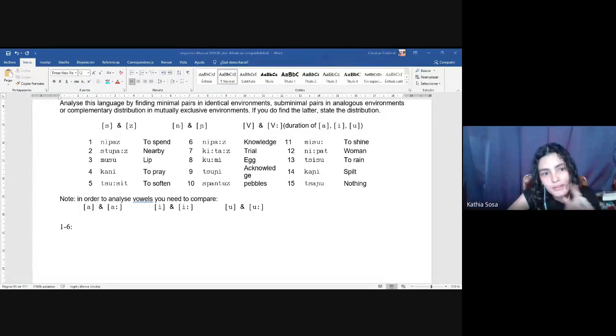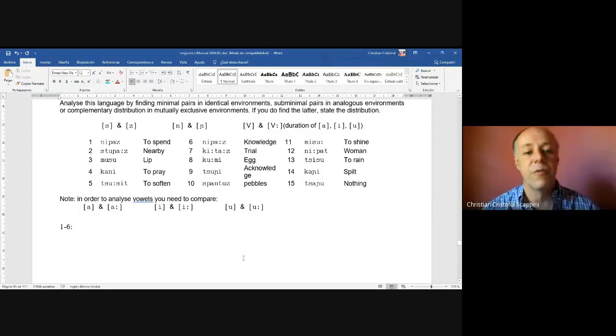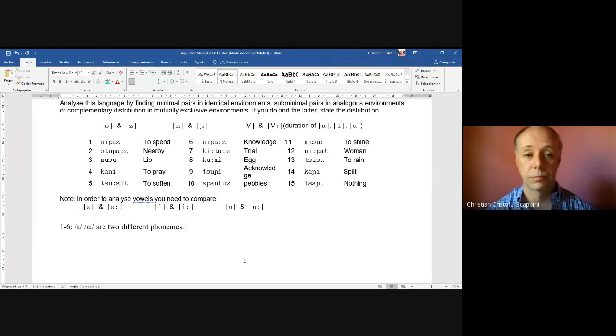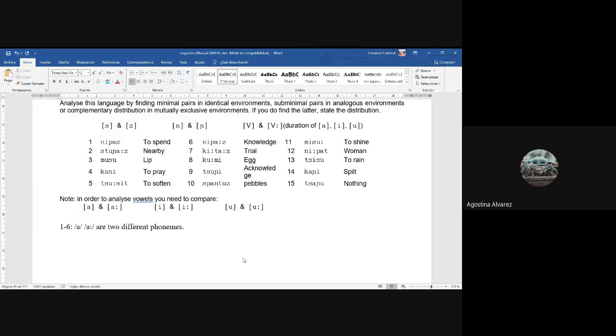The short A and the long one. Very good. So we can say that short A and long A are two different phonemes. Professor, I think that this exercise is different in our manual. Is it?